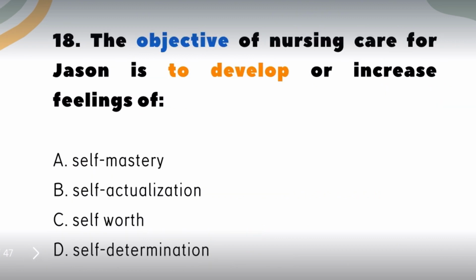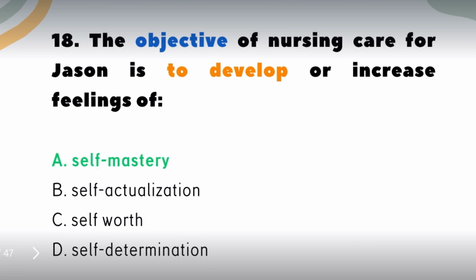The objective of nursing care for Jason is to develop or increase feelings of A. Self-mastery, B. Self-actualization, C. Self-worth, or D. Self-determination. So, ang objective natin to care for patients with OCD or obsessive and compulsive is to have self-mastery. They have to master their emotions.